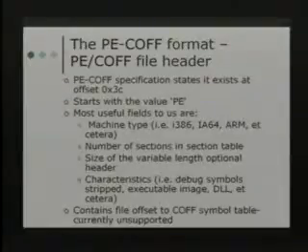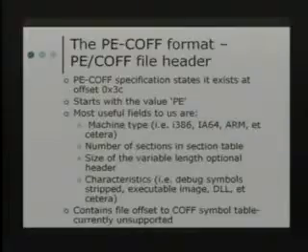We have a few different useful fields there. The machine type: my program currently only supports i386, and it's mainly just because, and I'll talk about this in a little bit, I wrote the tool in about 4 days of no sleep, so I was just trying to get what I could out. You've got the number of sections in the section table, which is going to come up later when I start talking about the sections.